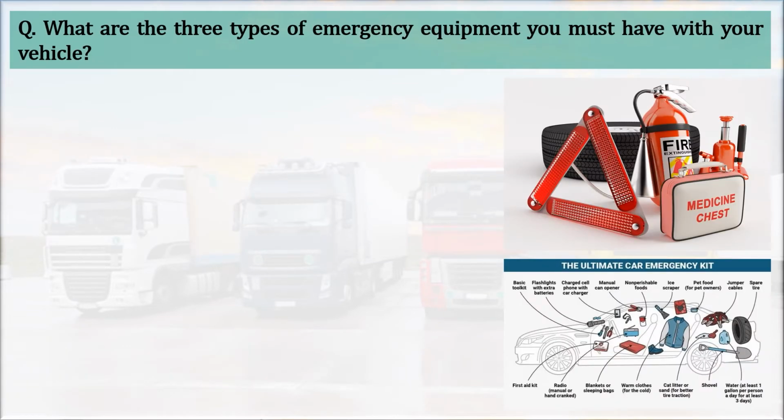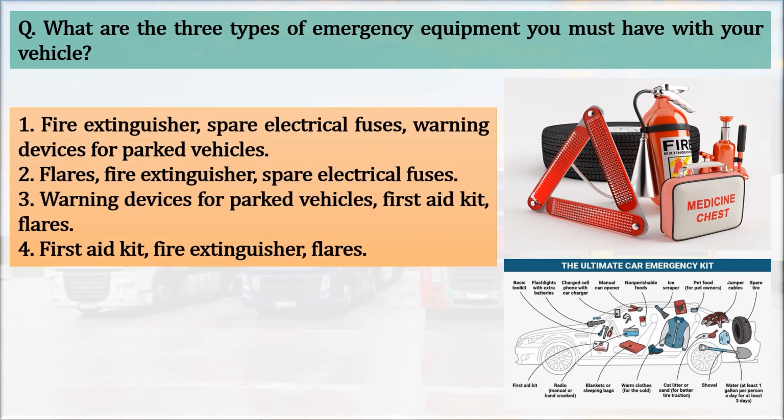Question: what are the 3 types of emergency equipment you must have with your vehicle? Option number 1, fire extinguisher, spare electrical fuses, warning devices for parked vehicles. Option number 2, flares, fire extinguisher, spare electrical fuses.